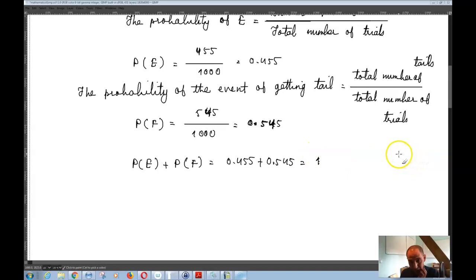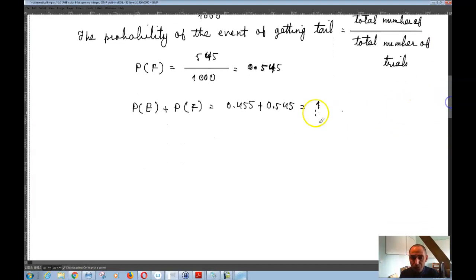Now what's interesting is that, suppose that, for example, we were talking about throwing a dice.